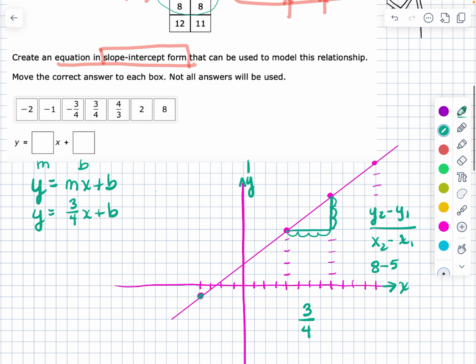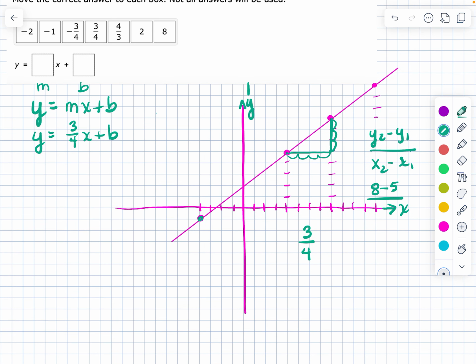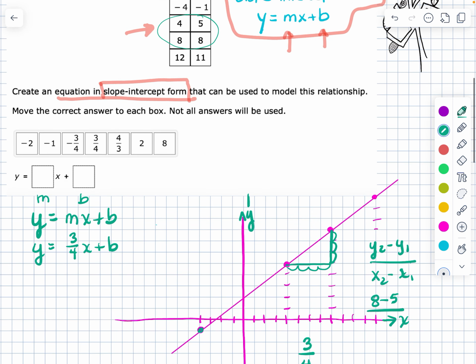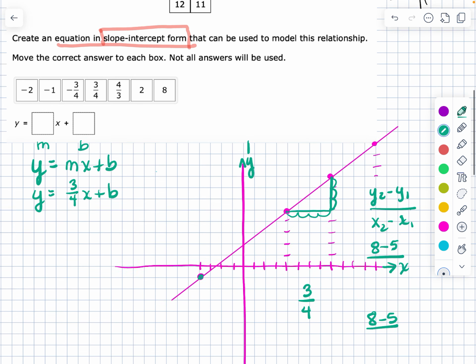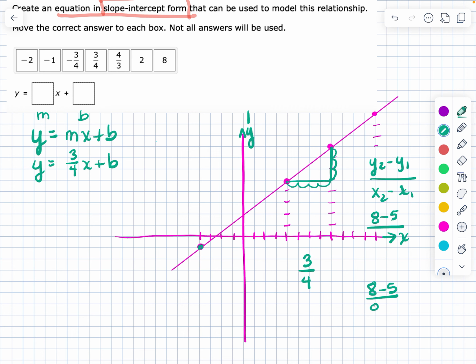I've run out of room, so let me write it down here. 8 minus 5 over 8 minus 4, those are my y's and those are my x's. 8 minus 5 is 3, and 8 minus 4 is 4. And there again we get our slope. So a couple of ways you can do that, whatever you like.